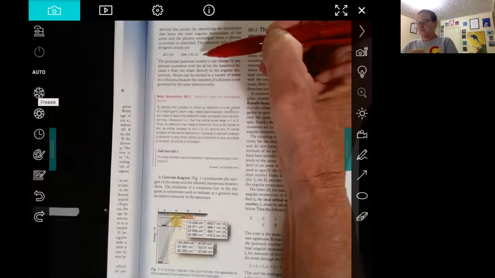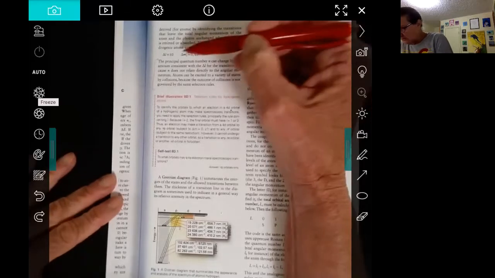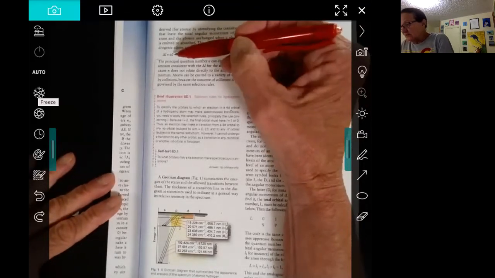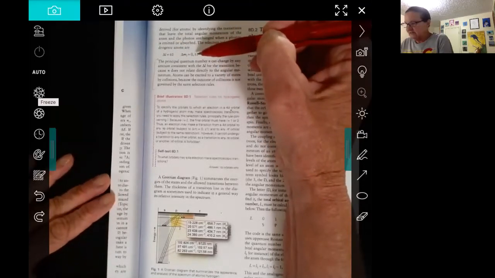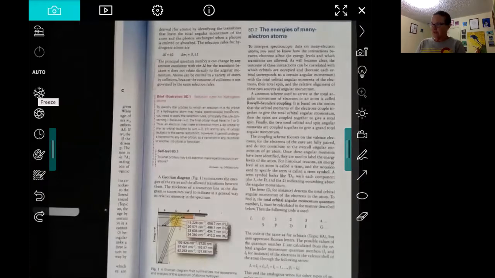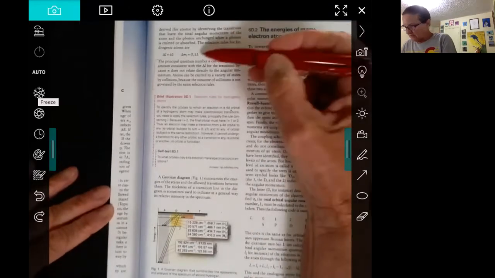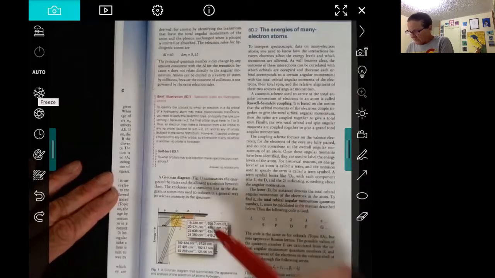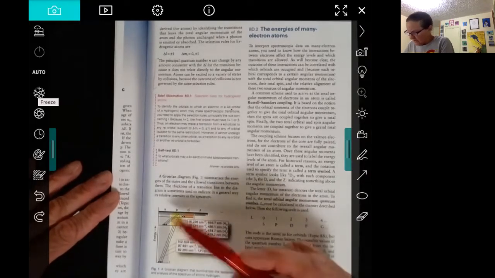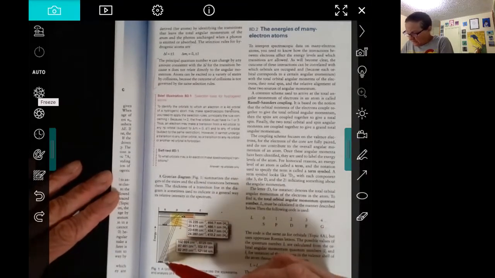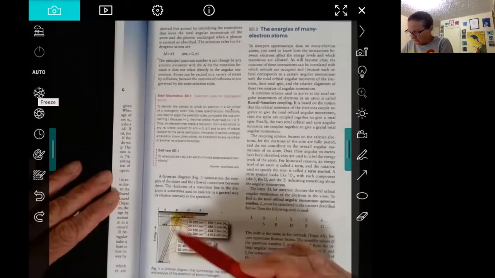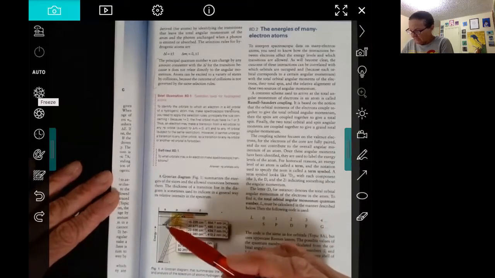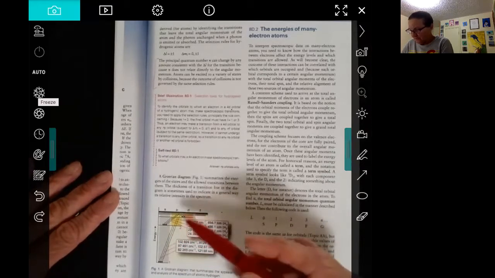It just has to be a state change where delta L changes by plus or minus 1, and then delta M, so the projection of that, can also change by 0 or plus or minus 1. So this picture at the bottom is just a visual way to show that. So for a hydrogen atom, the N equals 1 state, N equals 2 state has S's and P's of equal energy.